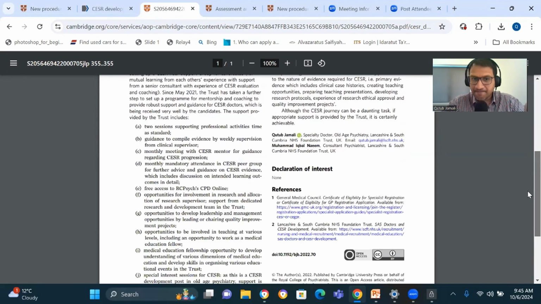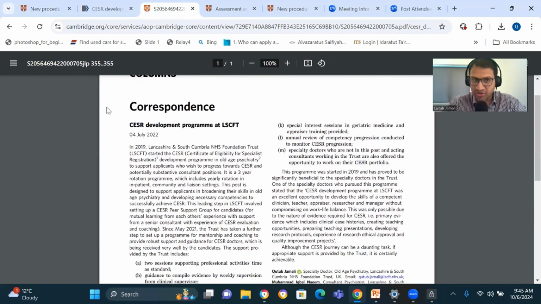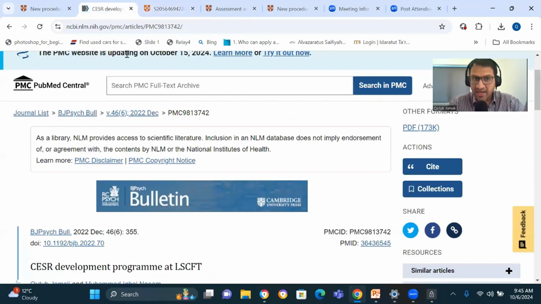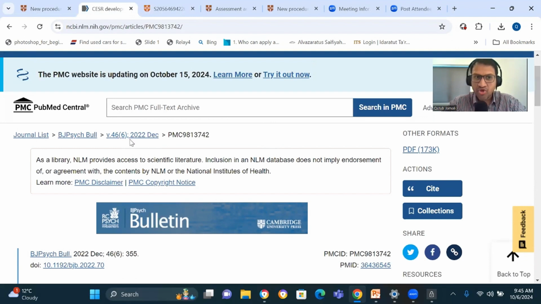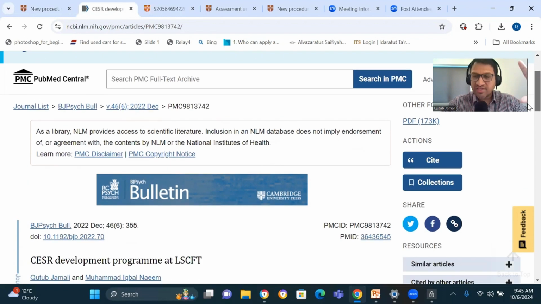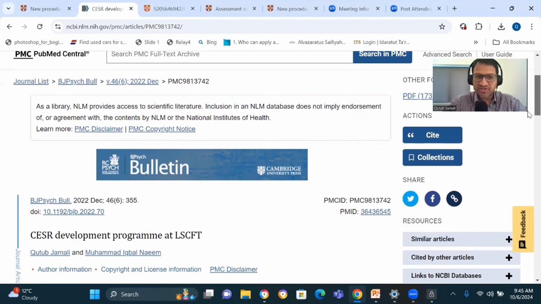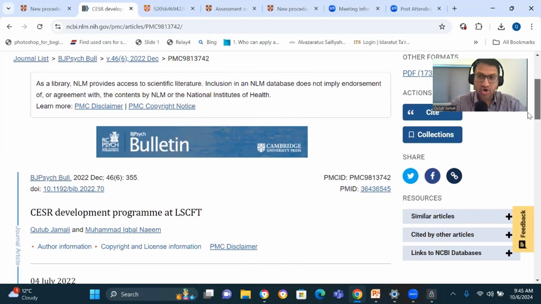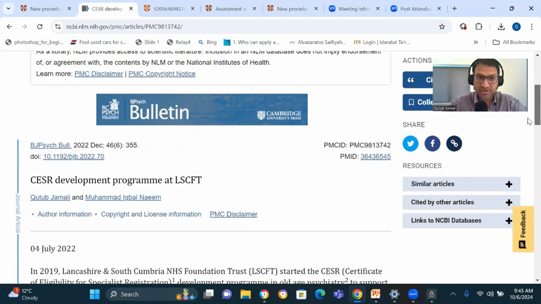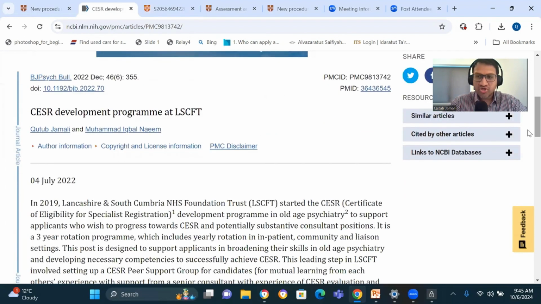As a correspondence, it gets into the research database, PubMed Central, in December 2022. So once the e-letter is converted to a correspondence, it gets into the database.